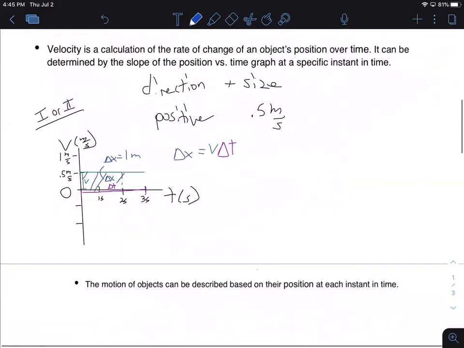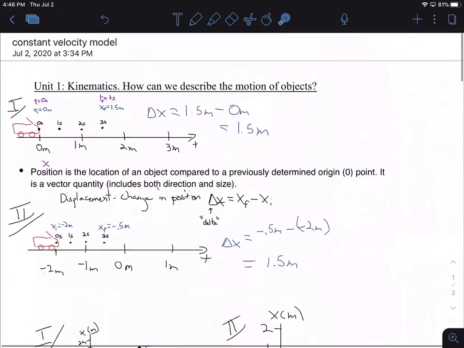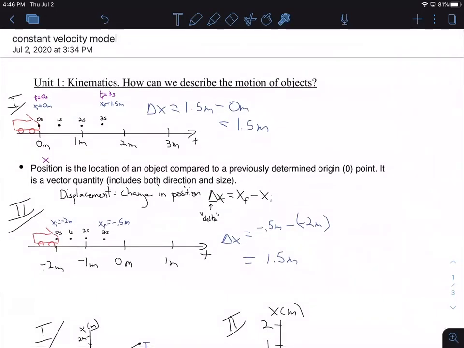So that's how we can use the velocity graph to learn a little bit about the displacement. Notice this tells me the displacement. I do not know where this object is just looking at this. All I know is when it traveled for these 2 seconds, it is now 1 meter further in the positive direction.